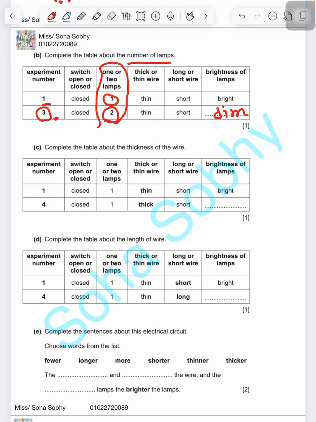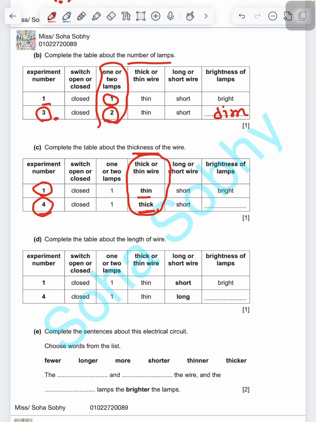Letter C, complete the table about the thickness of the wire. In 1, the wire is thin. In 4, the wire is thick. As we said, if the wire is thick, the electricity will move without tiring.